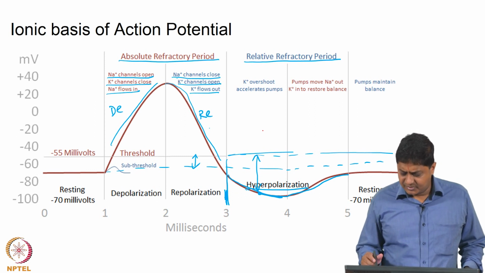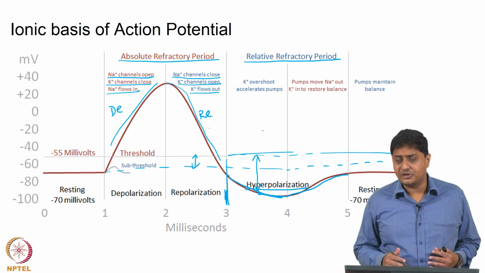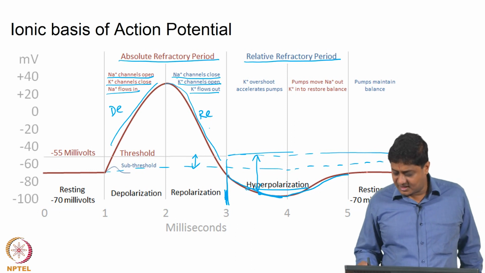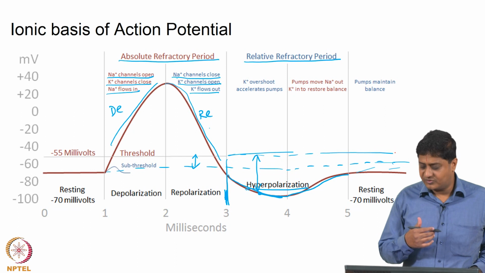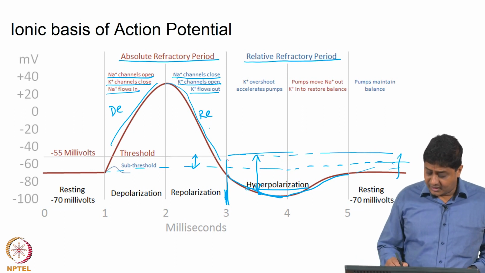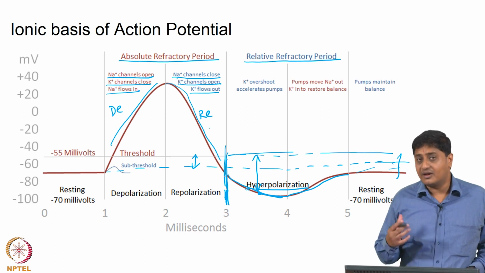After some time, restorative mechanisms bring the membrane potential back to the resting membrane potential. Once at around that point, you are back at rest, so one more cycle of action potential can be orchestrated. You can actually start an action potential from here, but you need a larger amplitude.